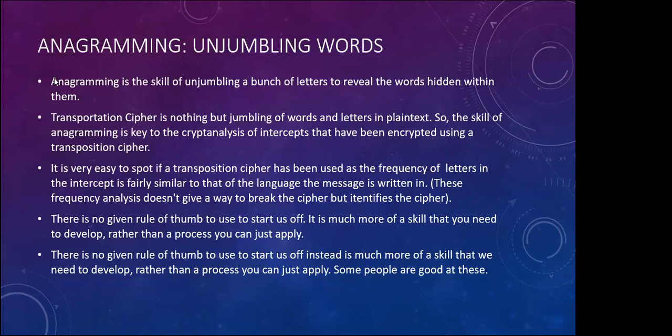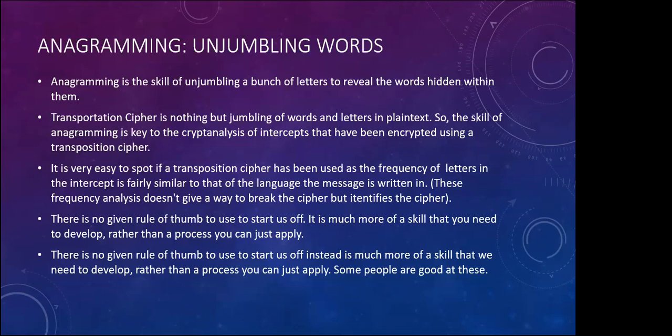Since we are doing nothing but arranging the letters of the plain text, jumbling and mixing them, whatever letters are in the plain text will be there in the ciphertext, and their number would be the same. So frequency analysis won't work, since the frequency of each letter would be almost the same in the ciphertext as in the plain text.